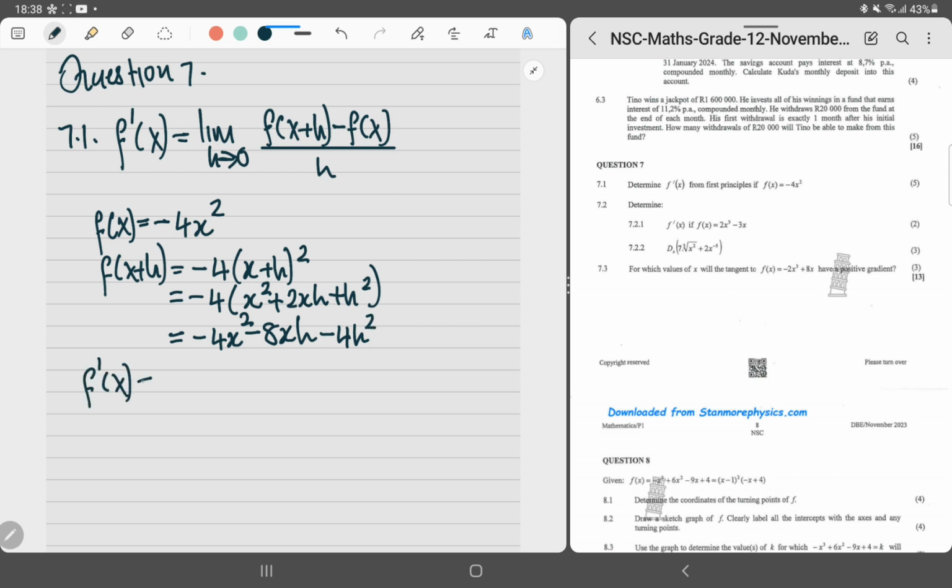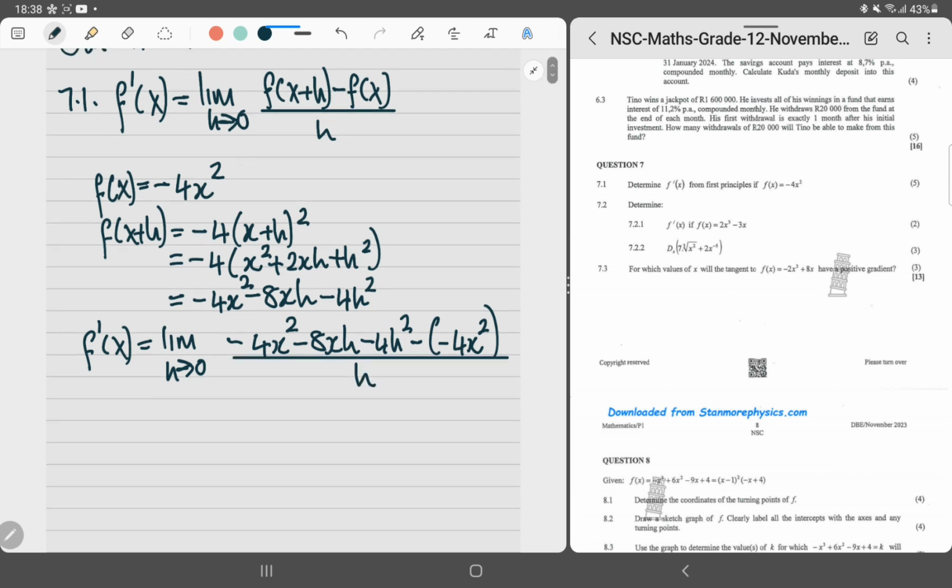Now let's substitute. Limit as h approaches 0, f(x plus h) is equal to negative 4x squared minus 8xh minus 4h squared, minus f(x), which is negative 4x squared, all over h.